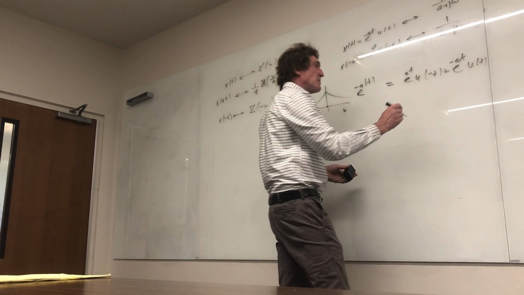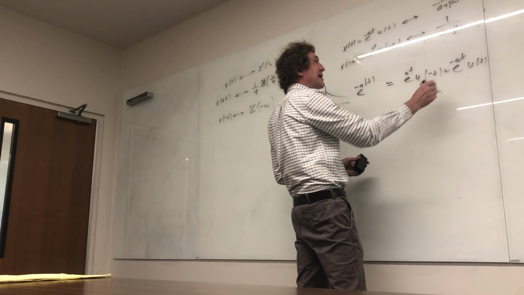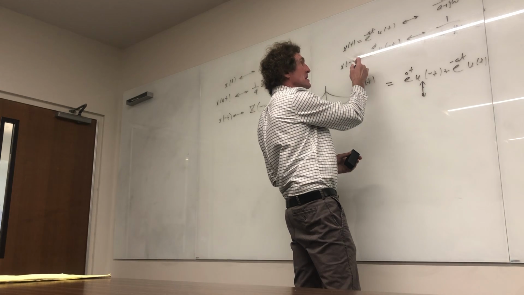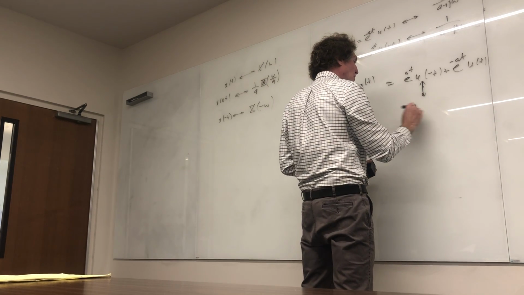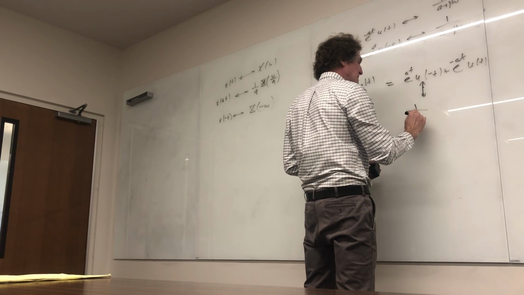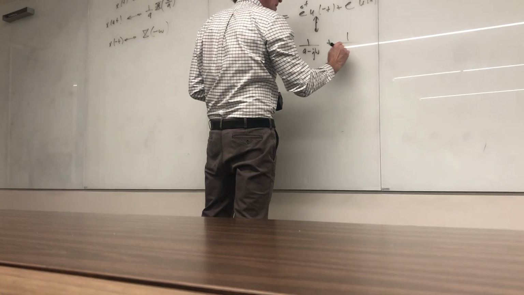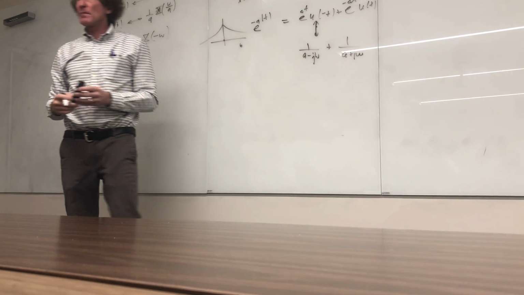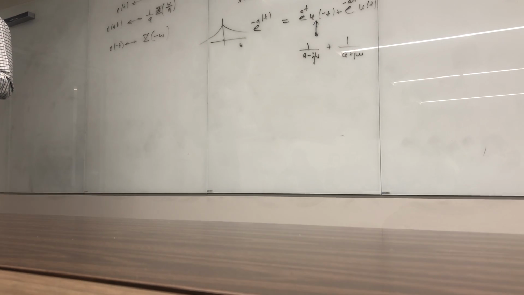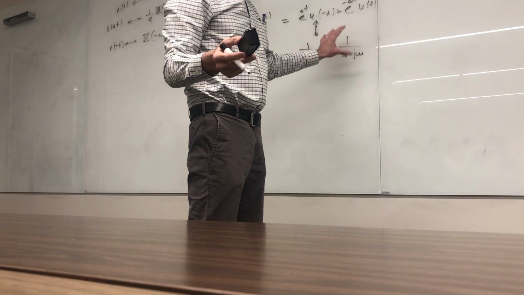What is the transform of this? If this is e to the plus at, it's simply 1 over a minus j omega. What's the transform of this one? 1 over a plus j omega. Do you all see this, everyone? Here I'm using that property now. Y'all with me? Let's go ahead and get a common denominator. I want you to see this because this is very useful.